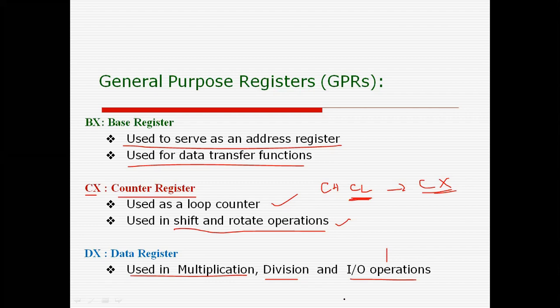All these registers are 16-bit. When I say AX, BX, CX and DX, you can also use them as 8-bit individually: AH, AL, BH, BL, CH, CL, DH and DL. Each register has a significance and a special function.